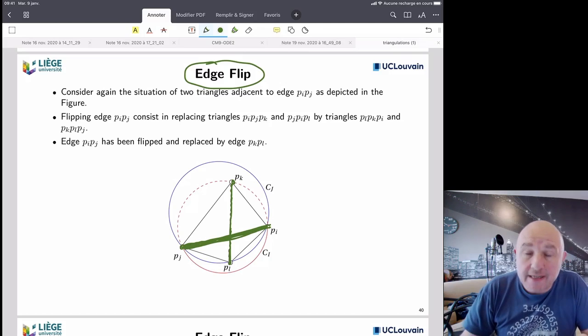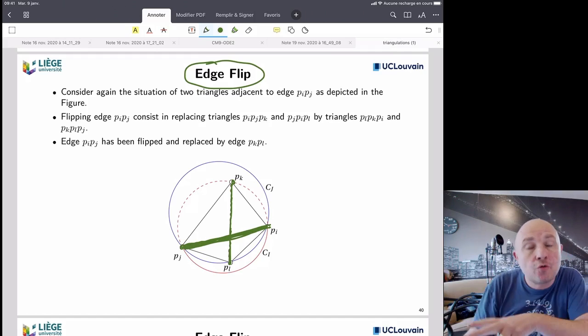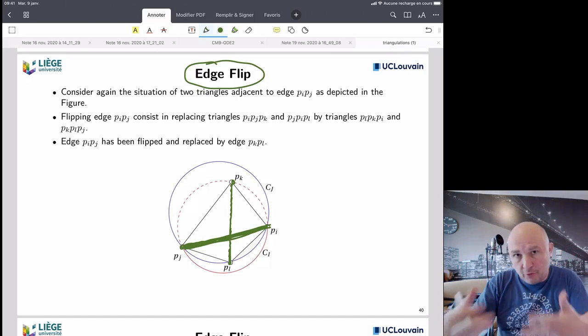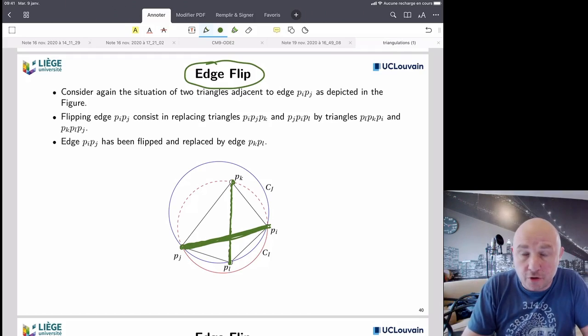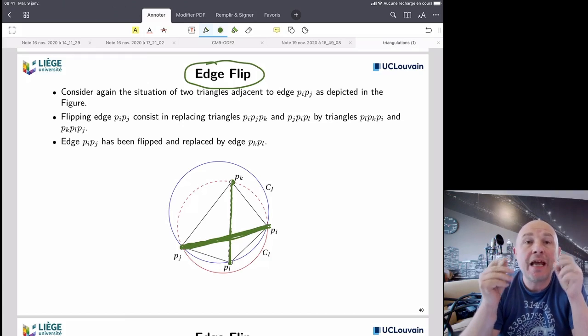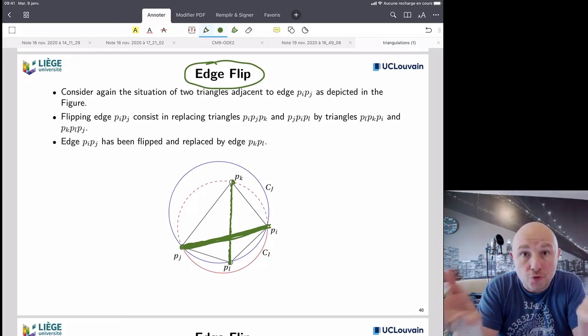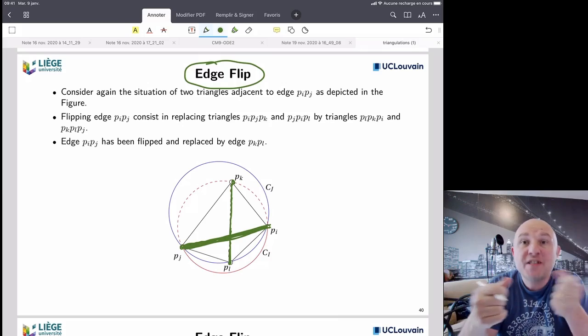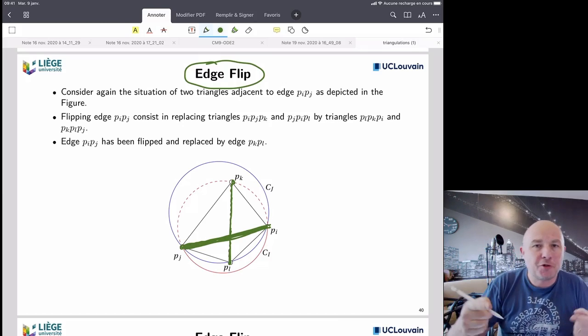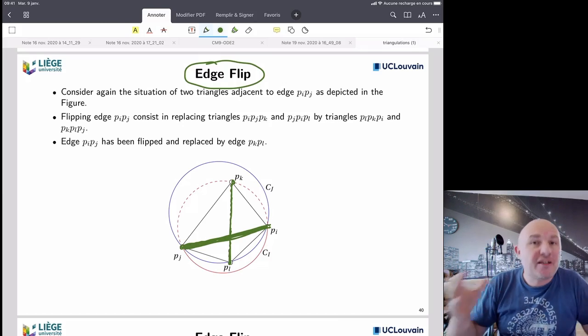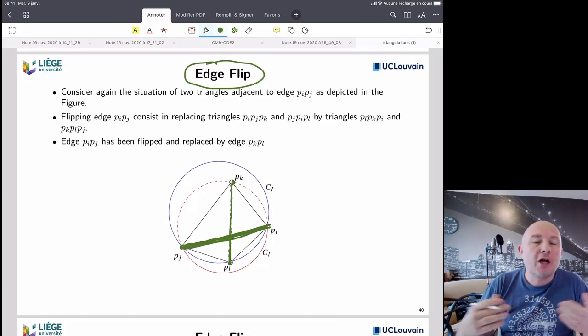What you can prove too is that if every edge is locally Delaunay, then of course every edge has an empty circle that corresponds to one of its two neighboring triangles. So we've proven that if every edge is locally Delaunay, then you have the Delaunay triangulation. So we can imagine a first and nice algorithm that would produce a Delaunay triangulation. We start with a triangulation. Of course, it's not obvious to create a triangulation, I'll show you a very ugly way to do that.